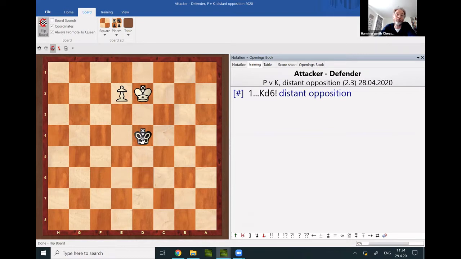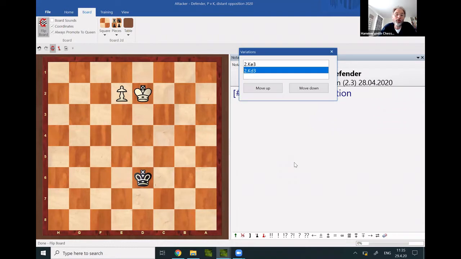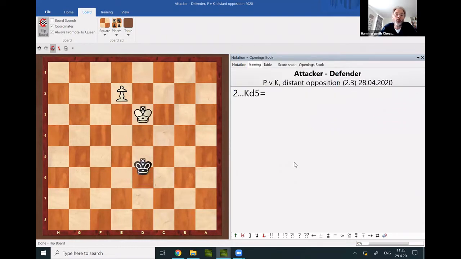That would be close opposition, and 2 further squares away would be distant opposition. 2 steps are important because each side has a move to do, and whatever white does now, black can go into direct opposition or close opposition and would draw the game.